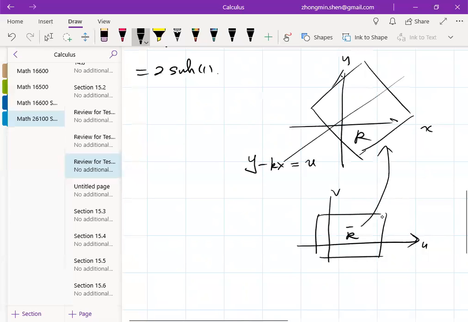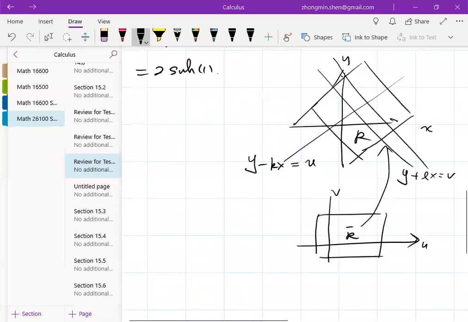Then you determine the values for these two lines. And for those lines with negative slope, not necessarily the same k, maybe y plus L x equals v. Then you determine the value for u and the value for v.